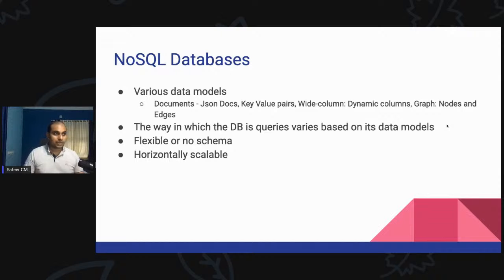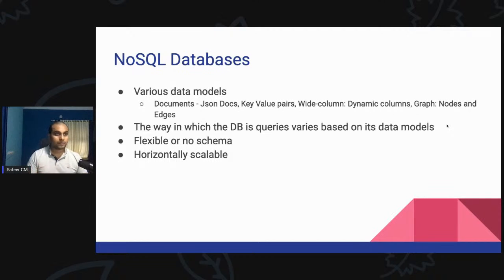So NoSQL databases, as I said, are an assorted set of technologies. There are various data models that NoSQL can host. One is the document store, which is usually a JSON document. There could be key value pairs. Then there are wide column databases where, unlike RDBMS, each row could have a different number of columns.